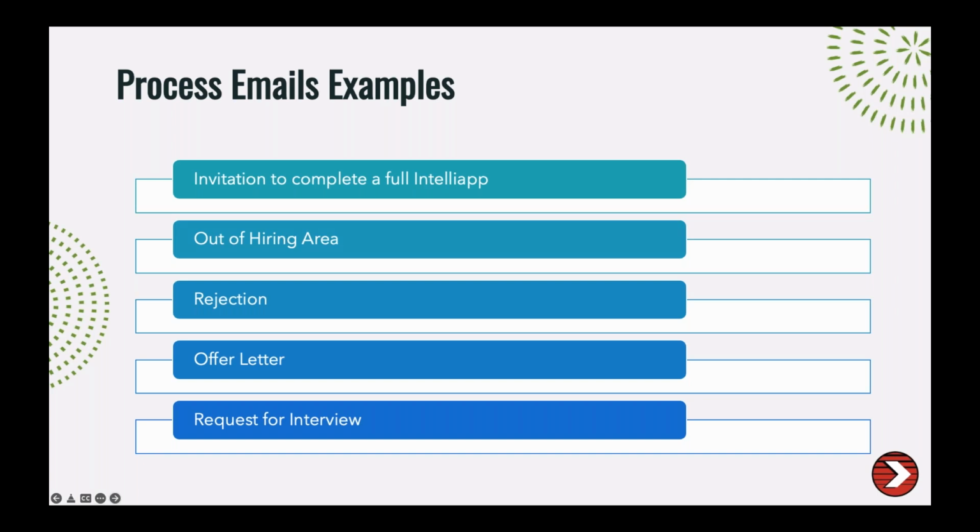If you have any questions, here's your recruiter, and provide all the extra details there to get them to complete a full app. Or you could include the full offer letter in the email out to them. You can configure those however you would like.